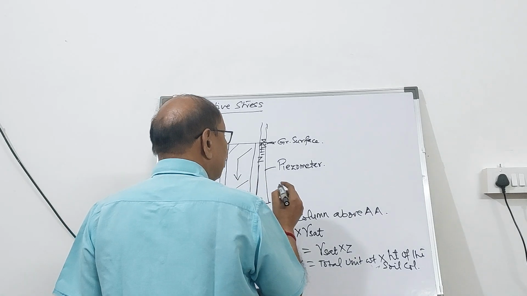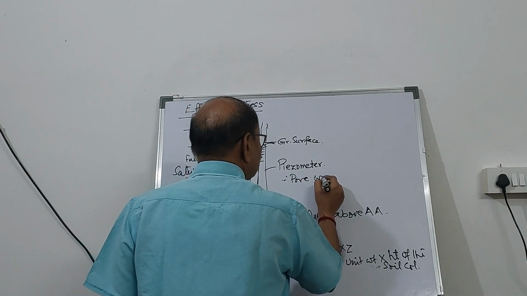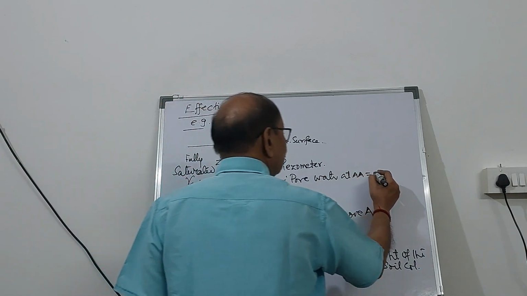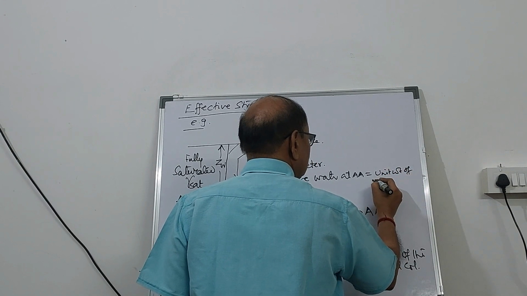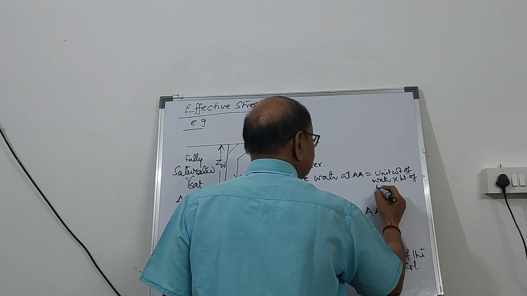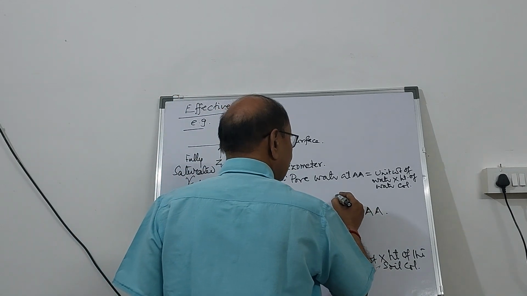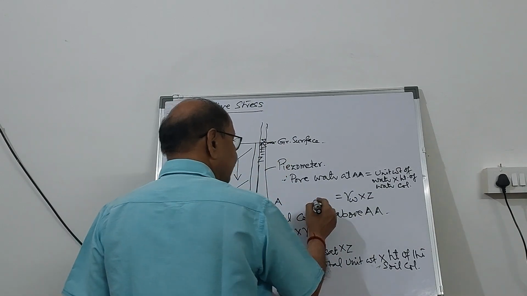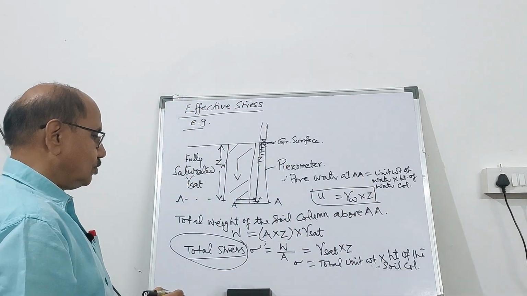Therefore the pore water pressure at A will be the unit weight of water into the height of the water column above A. So this is going to be gamma W multiplied by ZW, equal to Z. So pore water pressure is given by this.